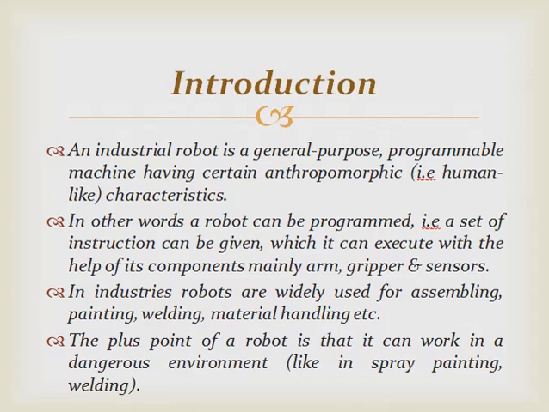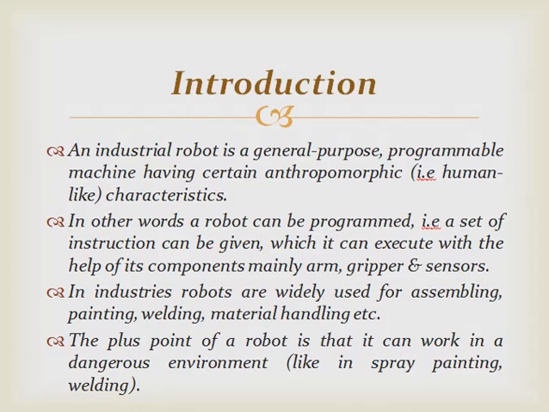Industrial robots are mainly used for different operations like assembly, painting, welding, material handling, etc. The plus point of the robot is that it can work in a dangerous environment. This is very important. Why do we need to implement robots?